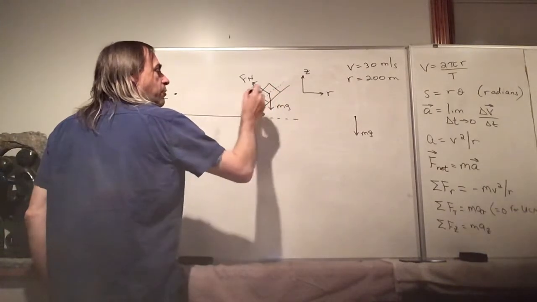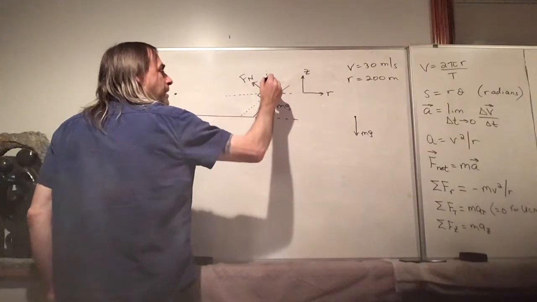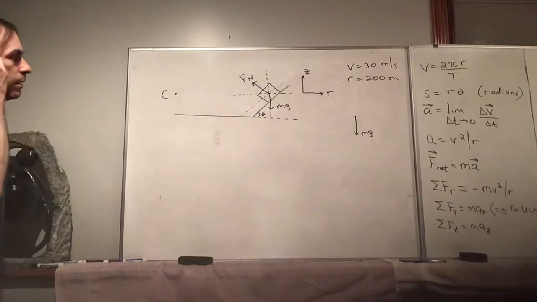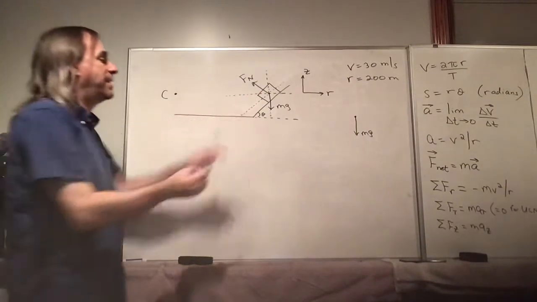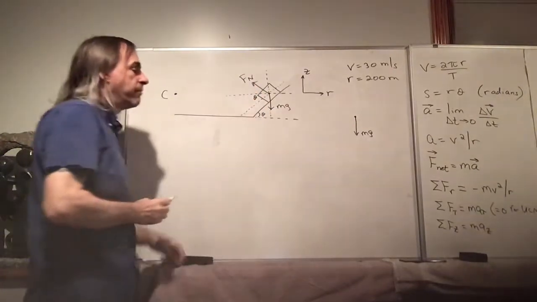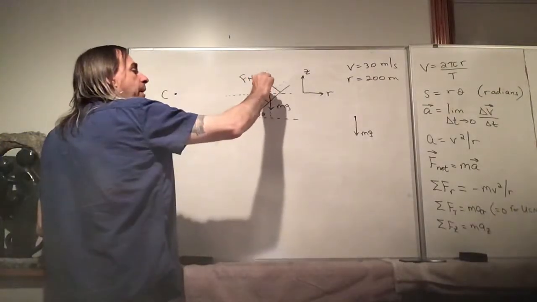So first, let's draw a few lines here. This line is parallel to the incline. That makes this angle theta, which makes this angle theta, and that makes this angle theta.